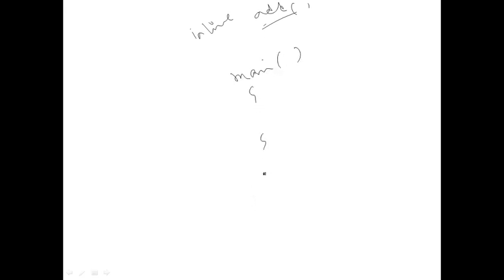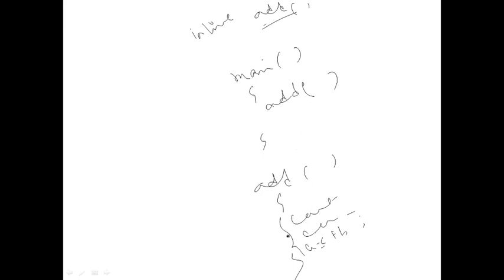Very simply, suppose add is the function which you made inline, and suppose there are 3 instructions in it, like c equals a plus b. When you call the function, you are actually copying the entire definition of the function at the place of calling.